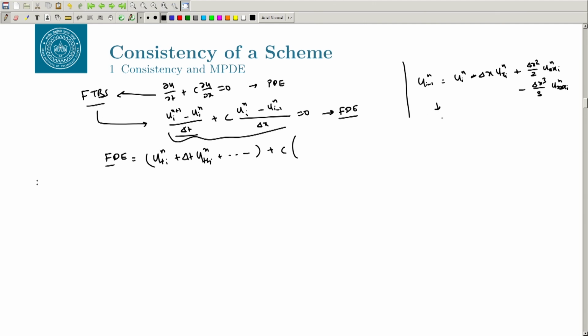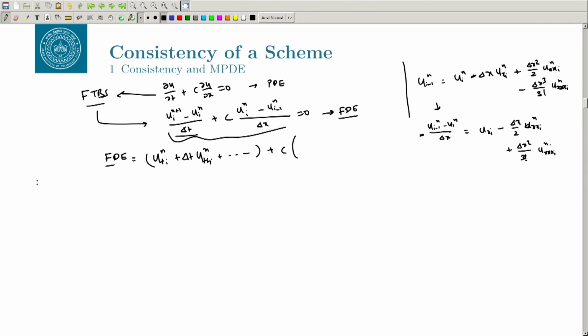So, you can rearrange it, write u i minus 1 minus u i n by delta x. I will take the negative of that because that is what we want to put here. So that will become u x i minus delta x by 2 u x x i and plus delta x square by factorial 3 u x x x i n.